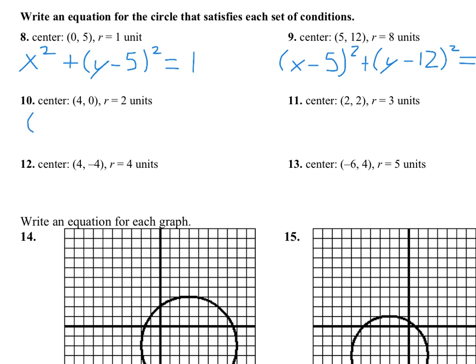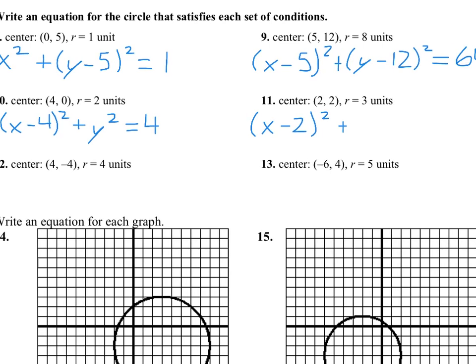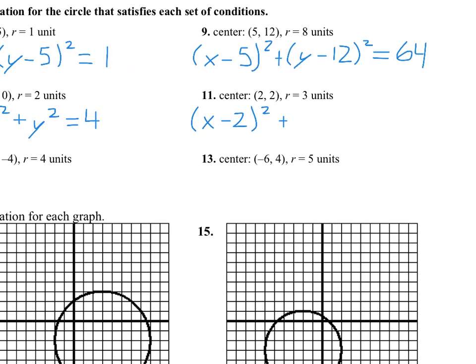For number 10, we do x minus 4 squared plus, and we don't need parentheses because the y coordinate is 0, so we just write y squared equals, then we square the 2, which is 4. So when the center is 2, 2, we do x minus 2 squared plus y minus 2 squared equals, and we square the 3 to make 9.